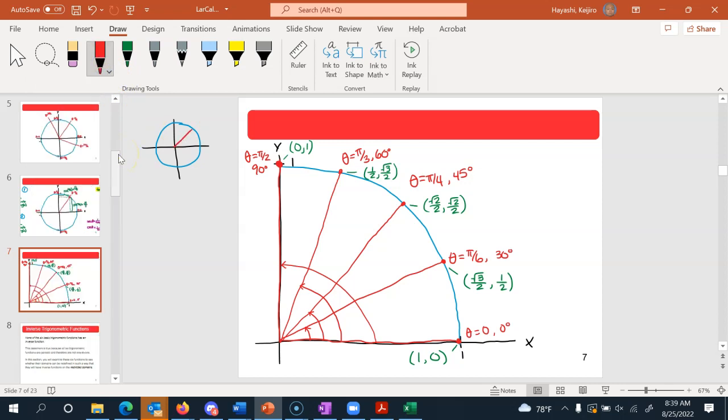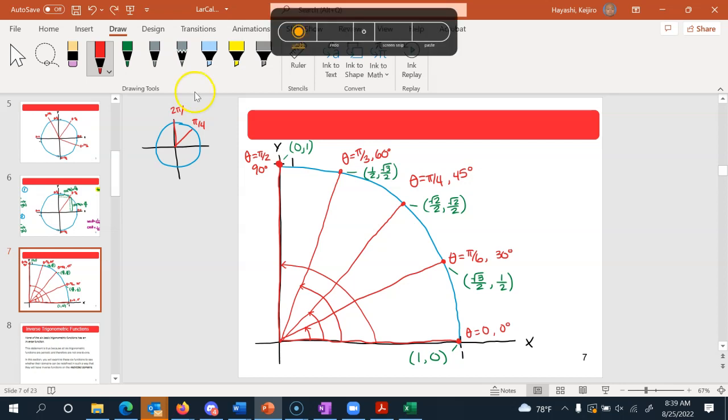Okay. So if this is pi over 4, then this is 2 pi over 4, except I'm not actually going to write it for a reason I'm going to talk about in half a second. 2 pi over 4, that just simplifies to pi over 2, which we already know what that is, so I'm not actually going to write that down.